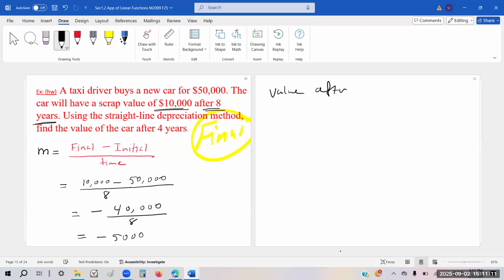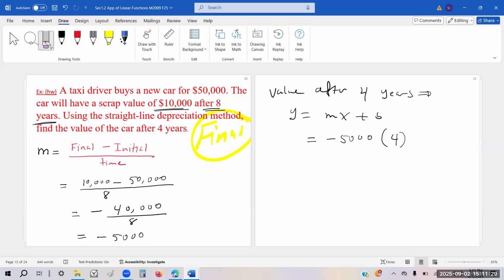So what would be the value after 4 years? Y equals mx plus b. Our m is negative 5,000.